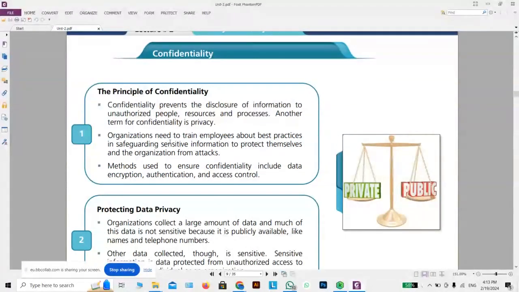It means that we need to protect information from bad actors that have malicious intent, as well as limit access to only authorized individuals within the organization. This is confidentiality.